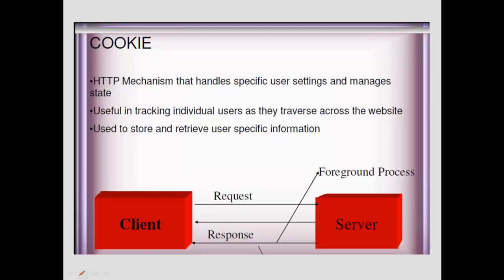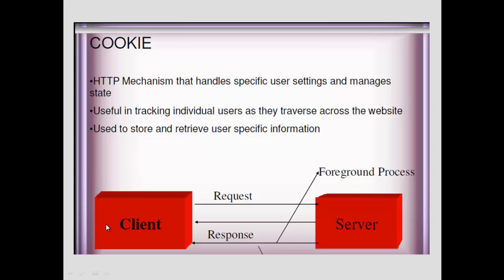So let's get started. What is a cookie? So a cookie is nothing but it is a user specific information. What it means is a cookie is a kind of key value pair. I'll show you it just in a moment.